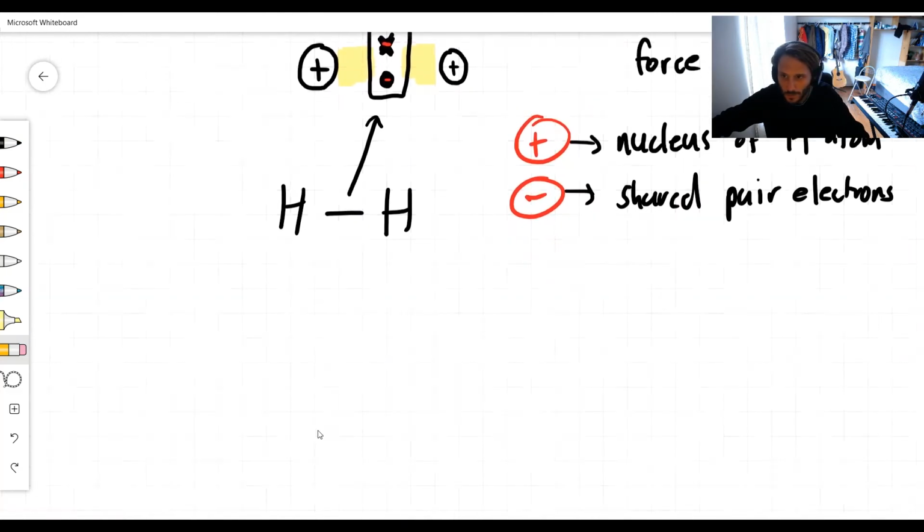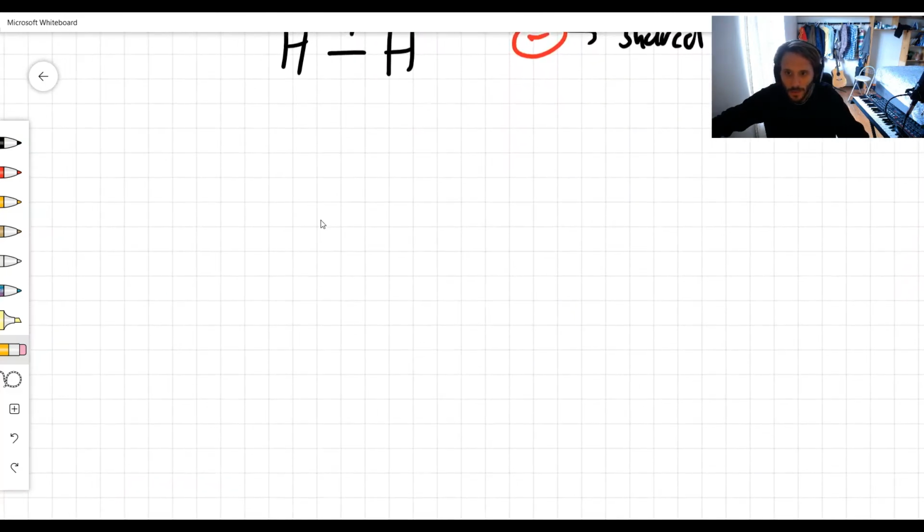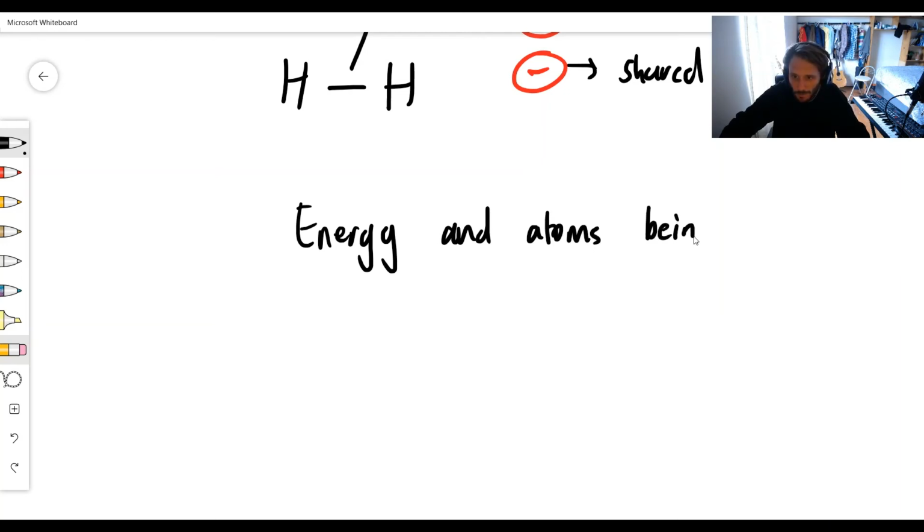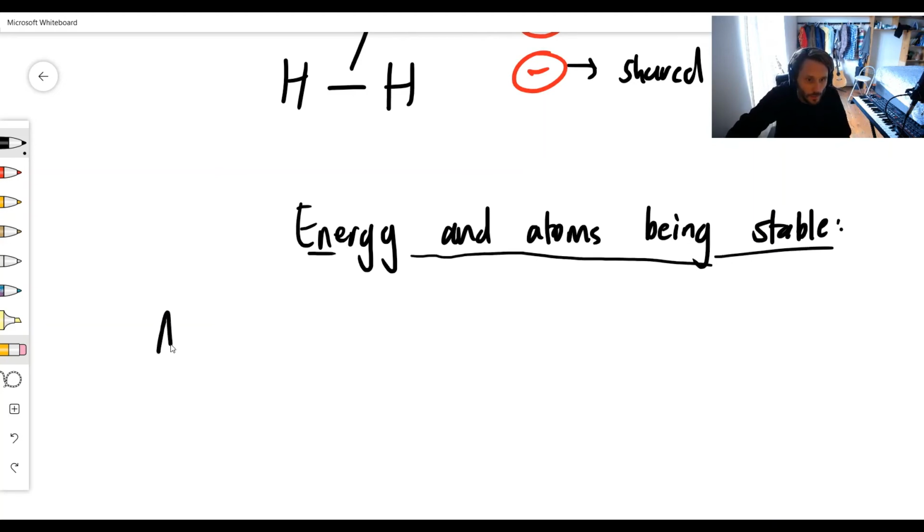Okay, so I just want to talk a little bit about energy and atoms being stable. So when a bond forms, like the one we've talked about, energy is released.